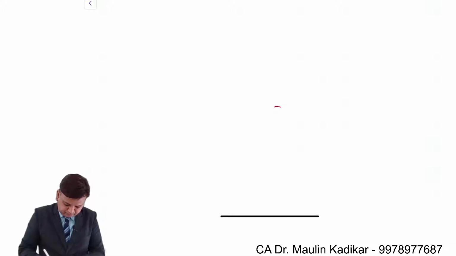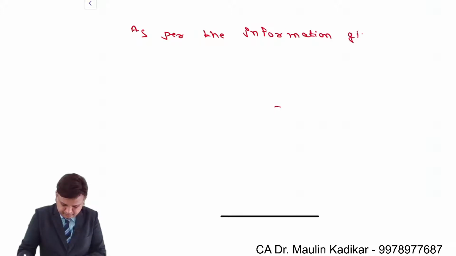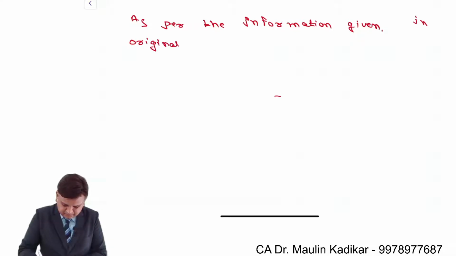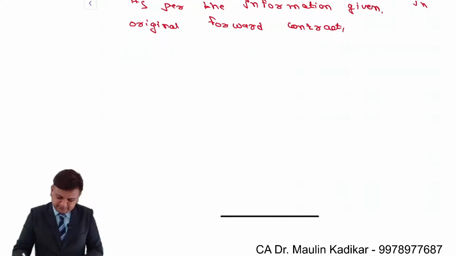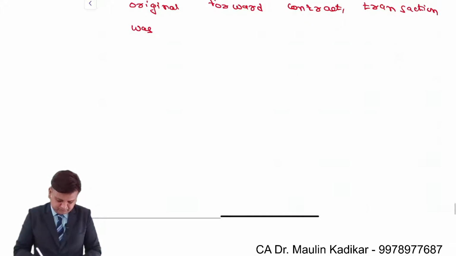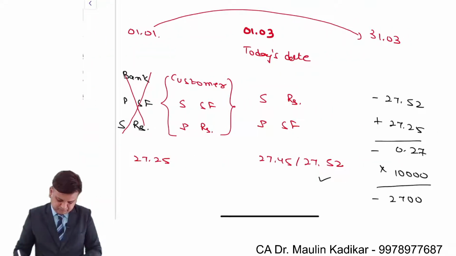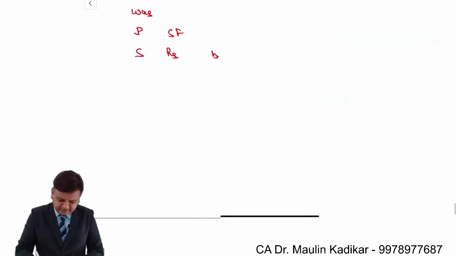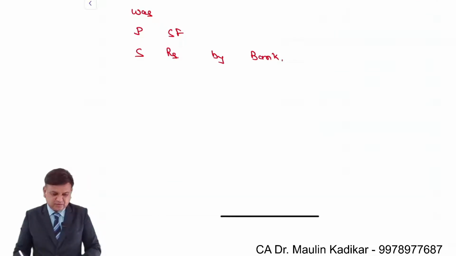Please write an answer. As per the information given, in the original forward contract, the transaction was purchase of Swiss franc and sell of rupees by the bank.